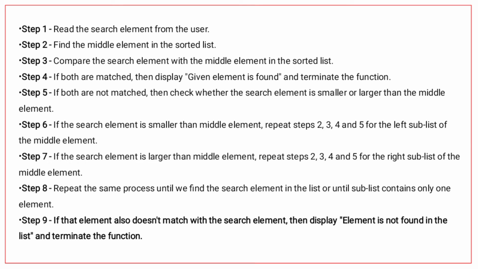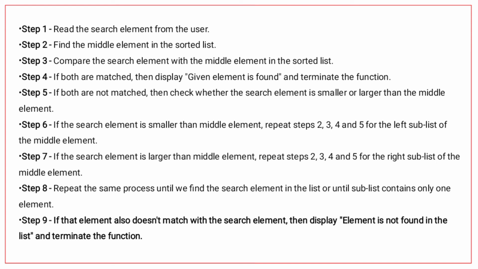If both are matched, then display given element is found and terminate the function. Step 5. If both are not matched, then check whether the search element is smaller or larger than the middle element.